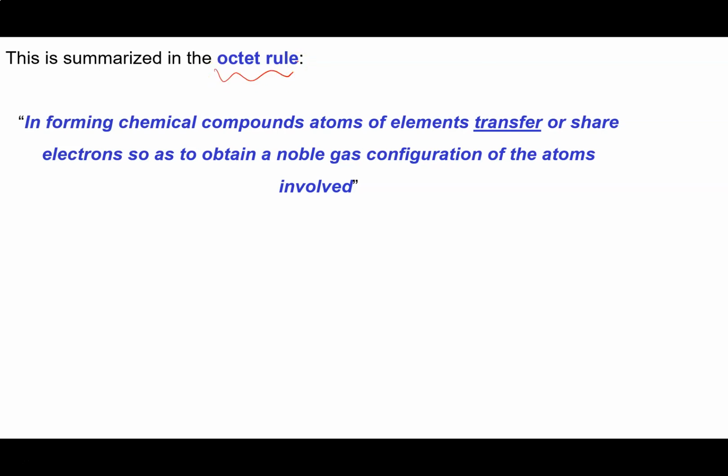It says that in forming chemical compounds, atoms of elements transfer or share electrons so as to obtain a noble gas configuration of the atoms involved. And the transfer of electrons is what we call ionic bonding, and that's what we're going to be studying in this section.